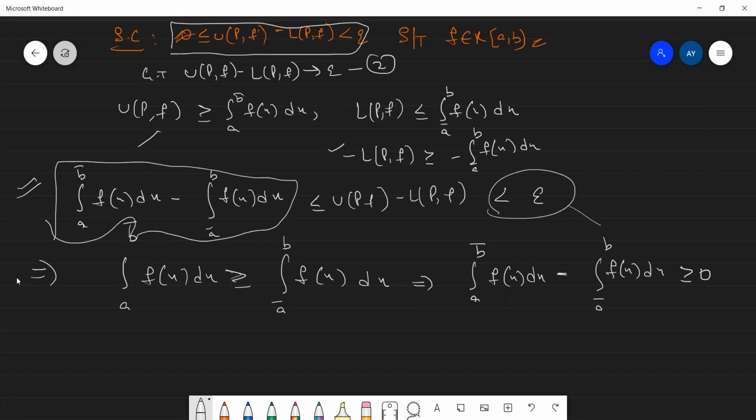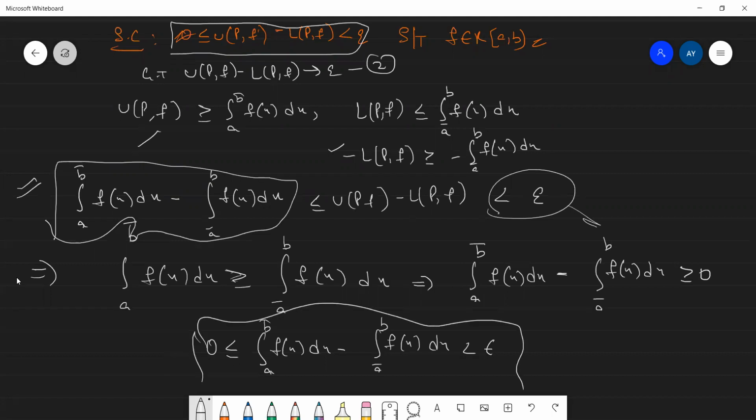So from these two conditions, we can write: 0 is less than or equal to the upper integral of f(x) dx minus the lower integral of f(x) dx, which is strictly less than epsilon. You can write this, right? So make sure that you remember this step.